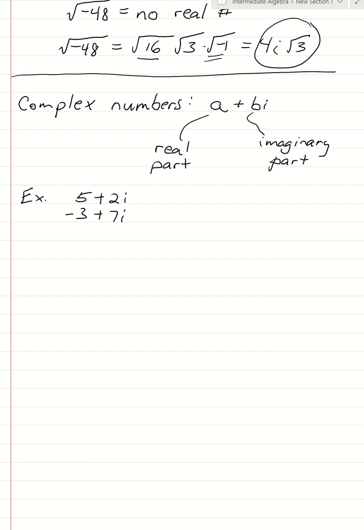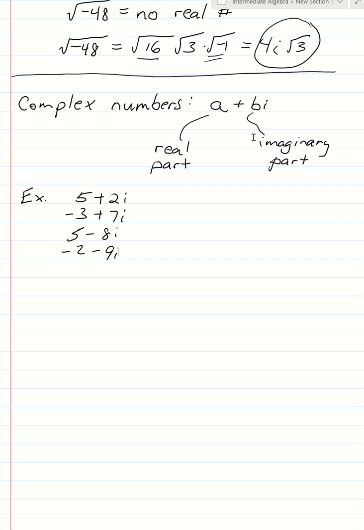That would be an example of a complex number. I could have maybe 5 minus 8i. That would be an example of a complex number. Or I could have, let's say, negative 2 minus 9i. So here are all different examples of complex numbers.